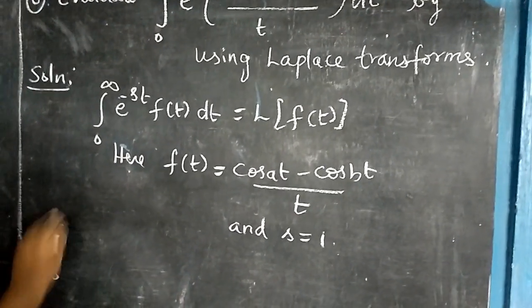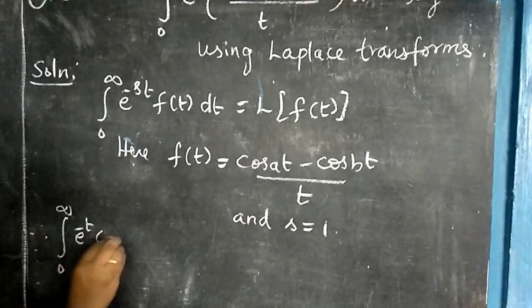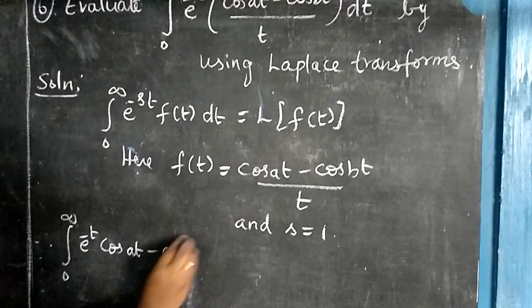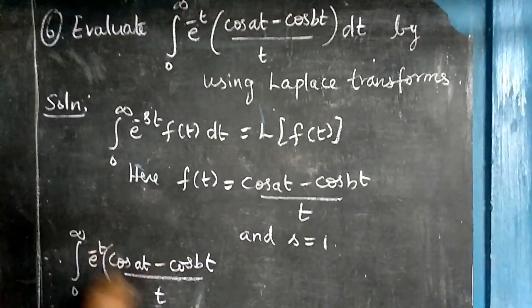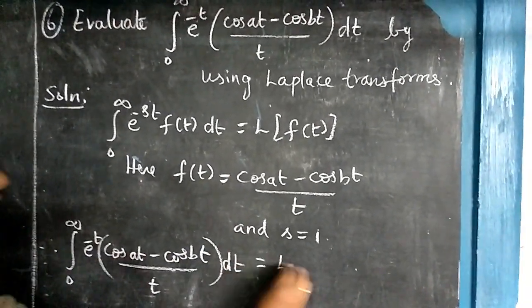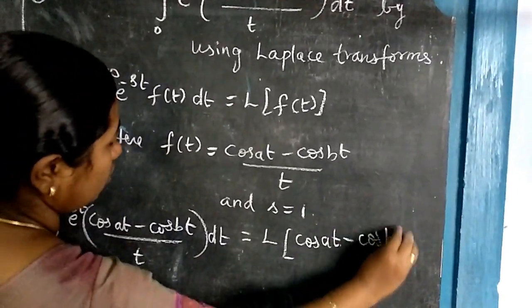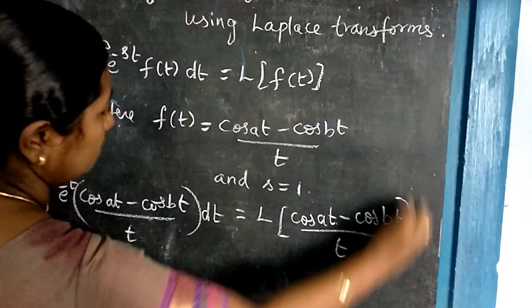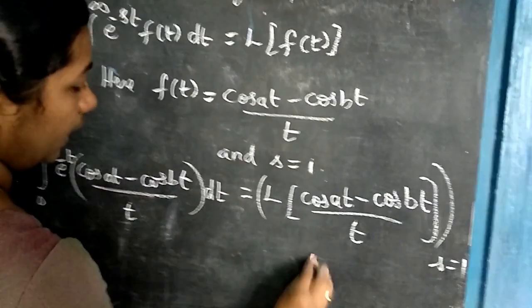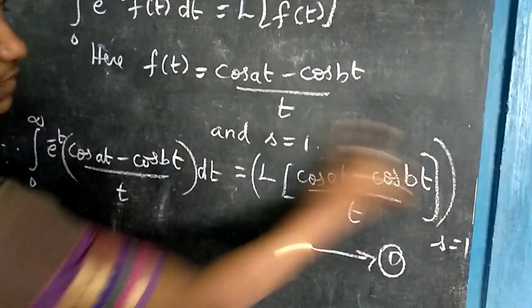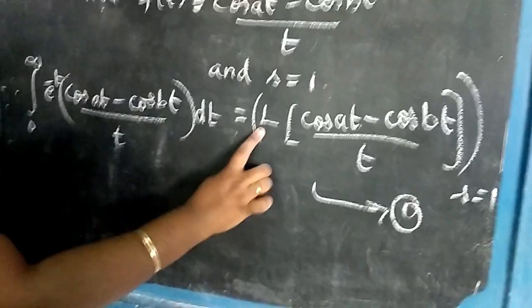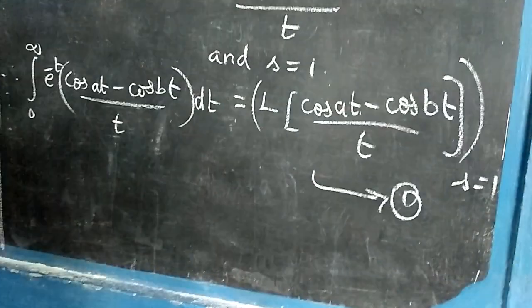Therefore, the given integral is equivalent to the Laplace transform of cos at minus cos bt by t at s is equal to 1. So let us evaluate the Laplace transformation of this function and substitute in equation 1.